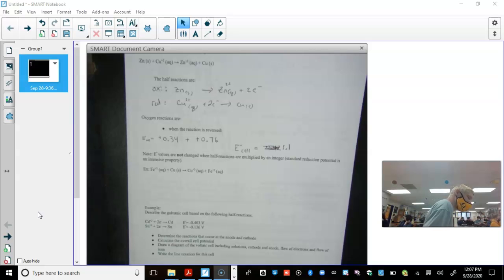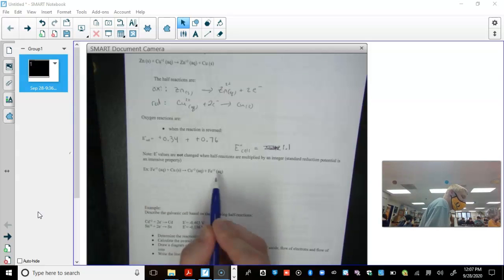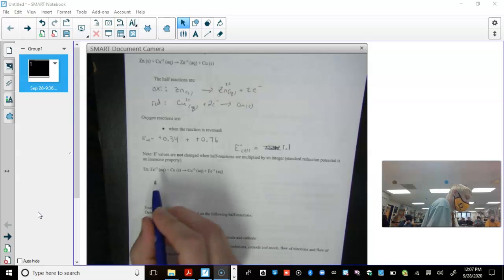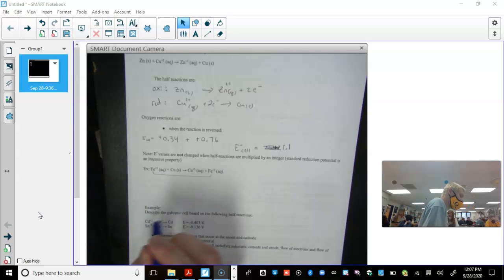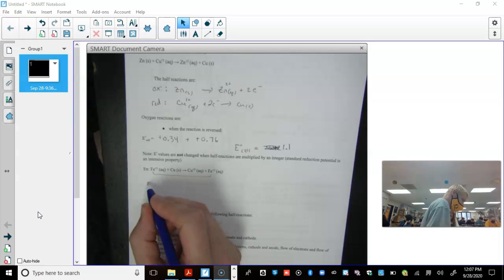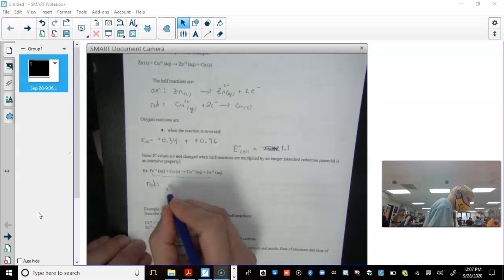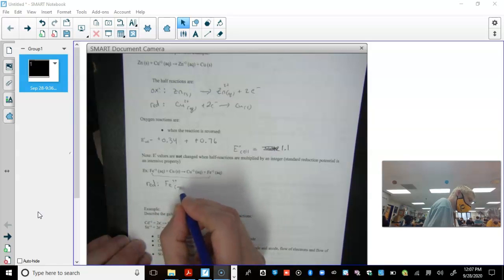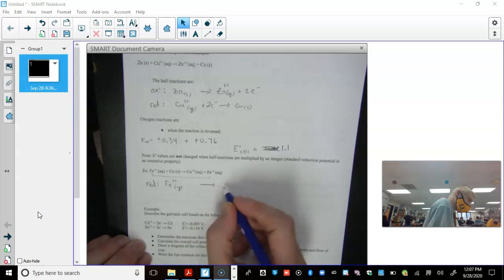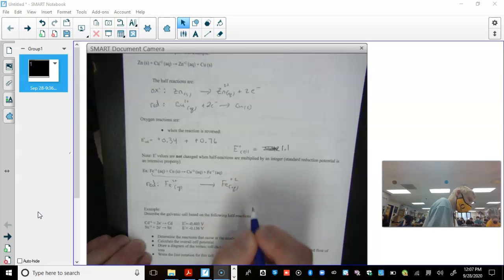All right. So let's try this one. We've got iron 3+ to iron 2+. So what's happening there, 3+ to 2+? Is that reduction or oxidation? Reduction. All right, that's aqueous, and it reacts to form another aqueous species, plus 2.